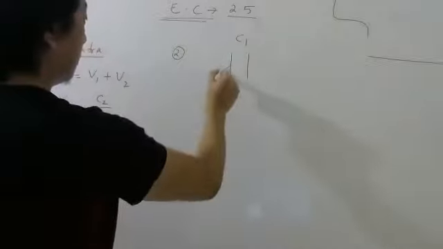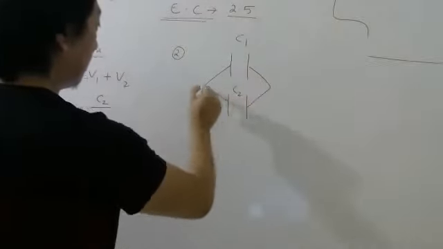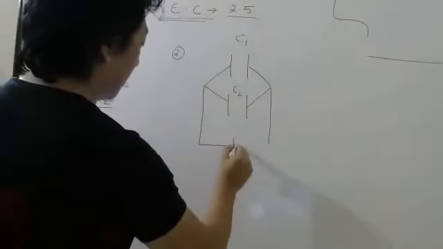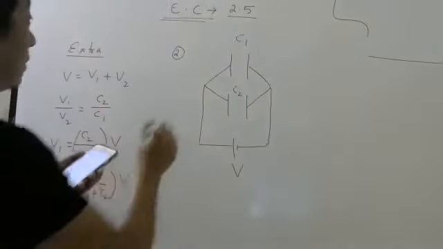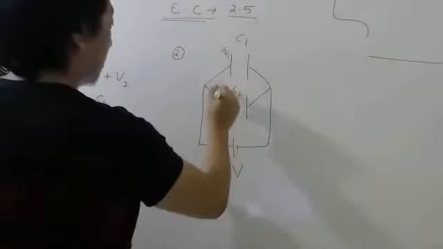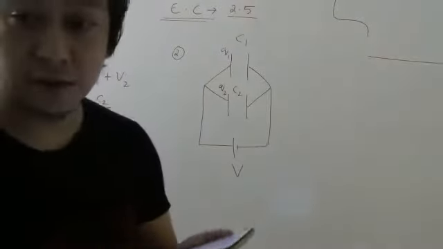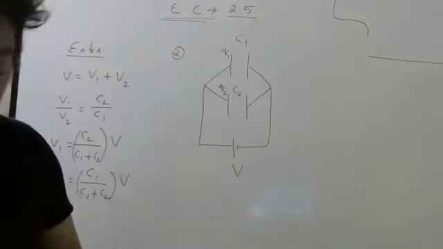So imagine you give some battery here, voltage is V. This will have some charge Q1, this will have some charge Q2. So the question is, what is the ratio of the charges on the capacitor and the ratio of voltage?